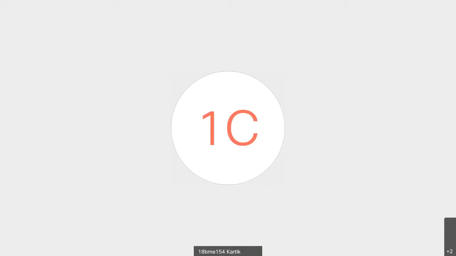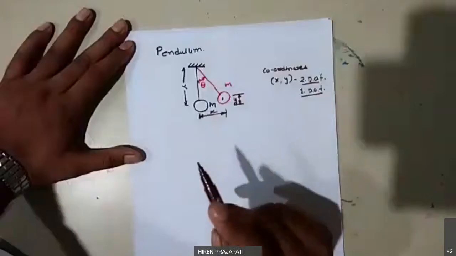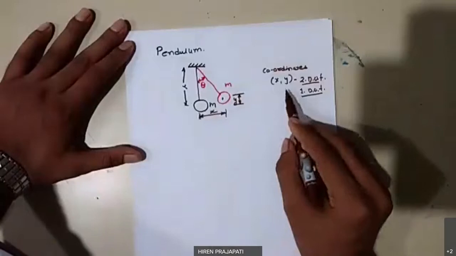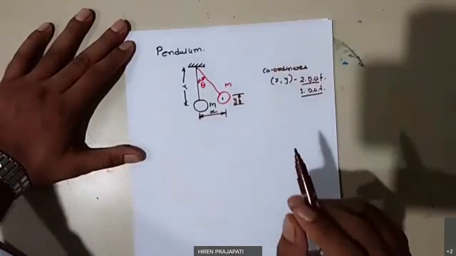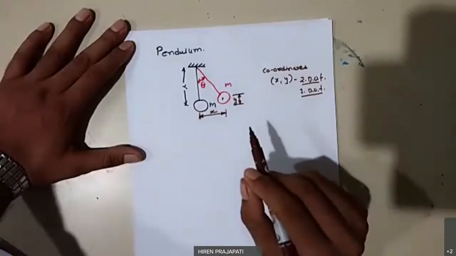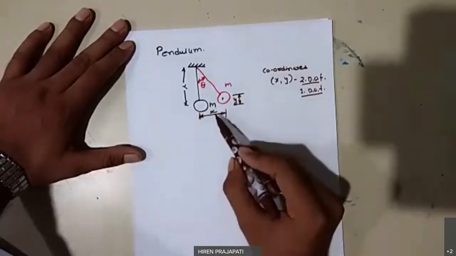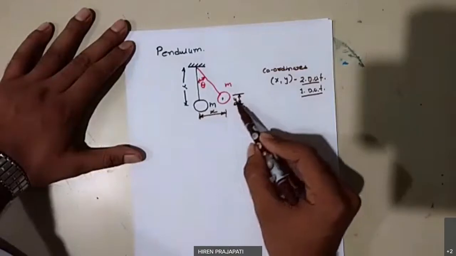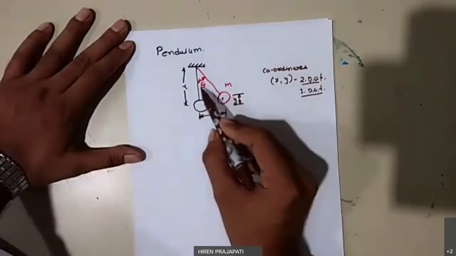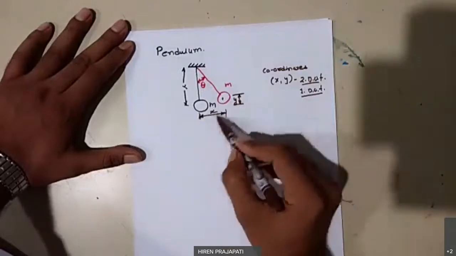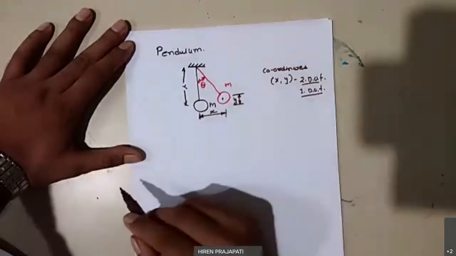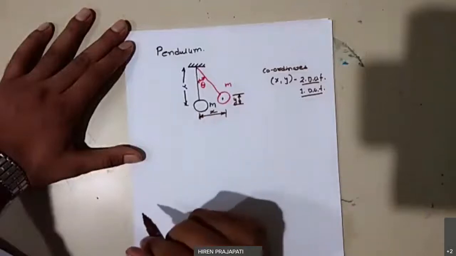Yeah, exactly. See, what is the definition of degree of freedom? Degree of freedom is defined as number of independent coordinates. Here, if you see, this x and y are dependent coordinates based on theta. They are not independent coordinates.